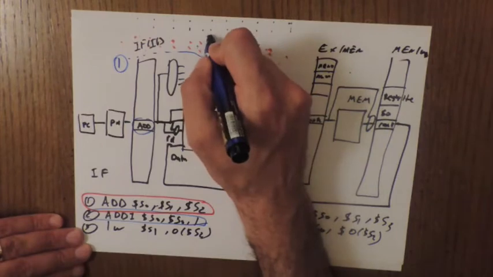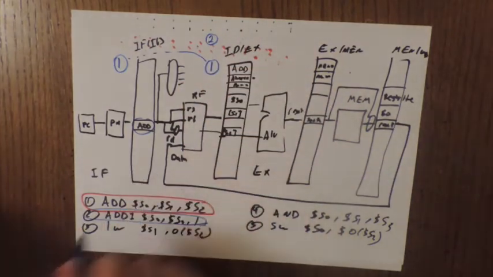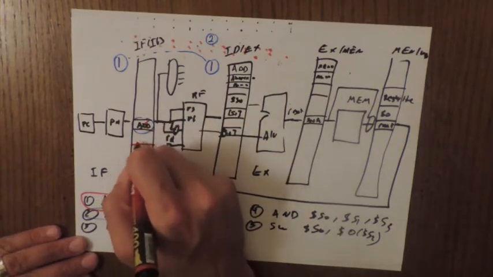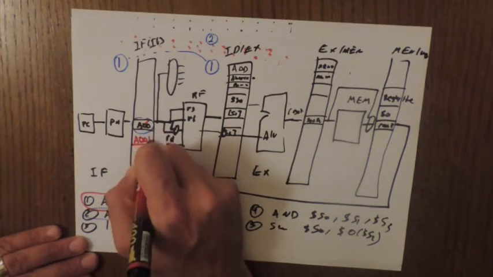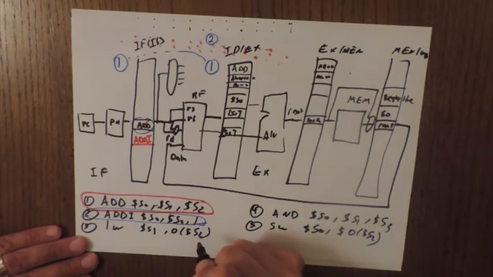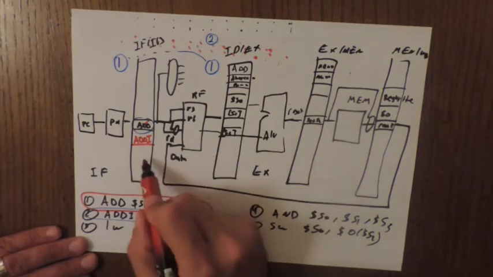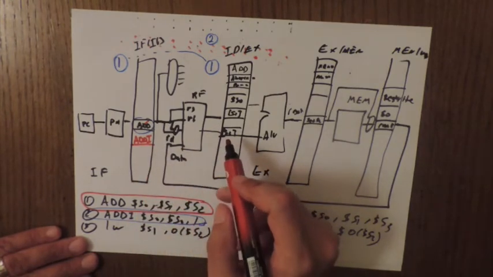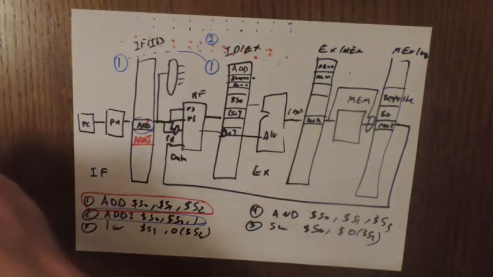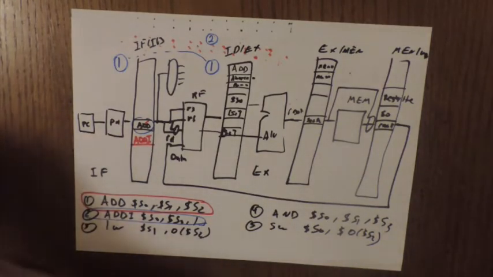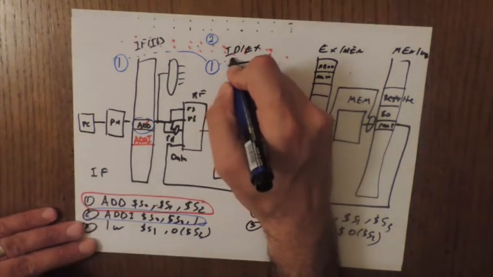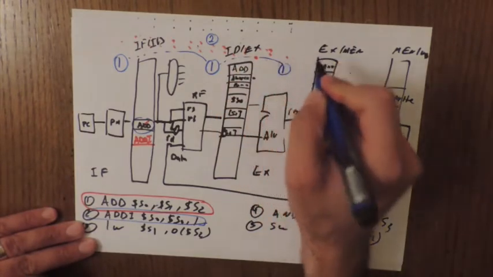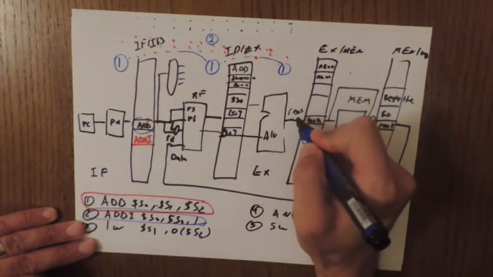When we move to clock cycle 2, the add is substituted by add I. So add I will be here. Now at clock cycle 3, the add instruction will be executing.